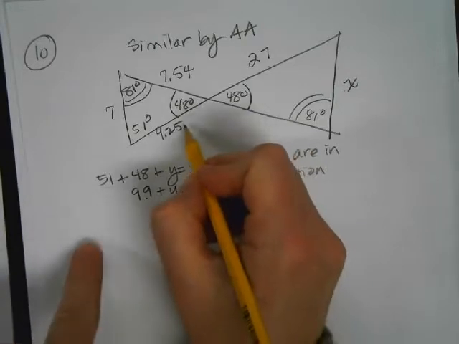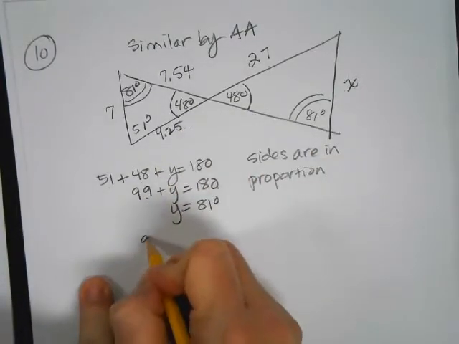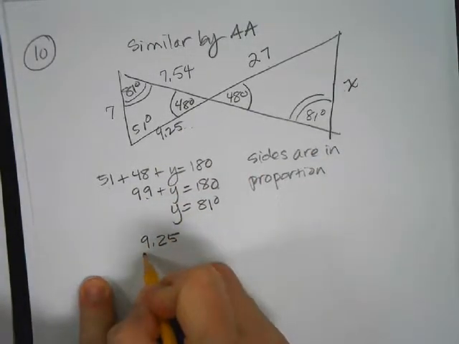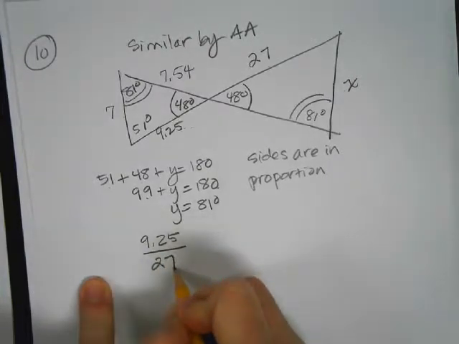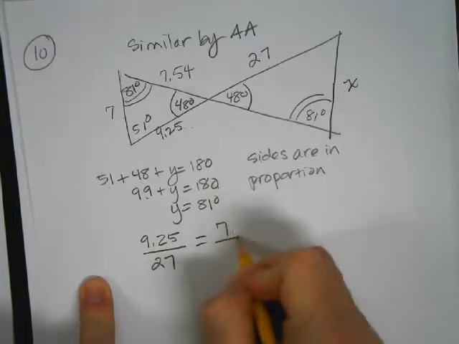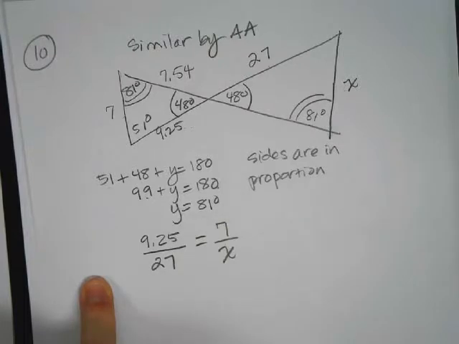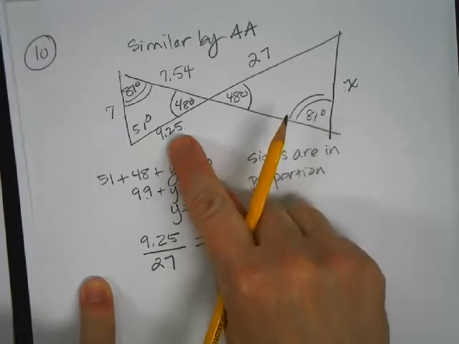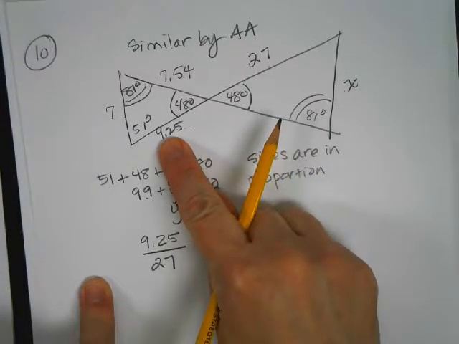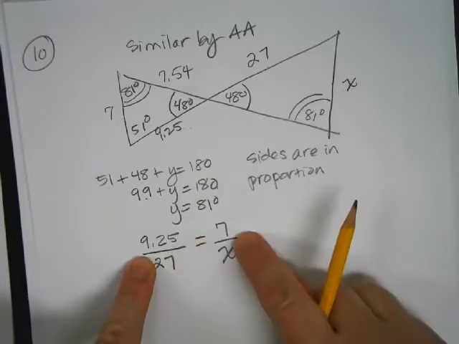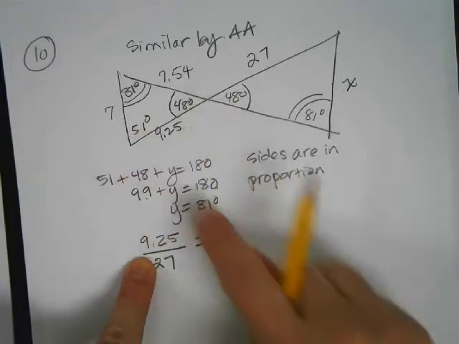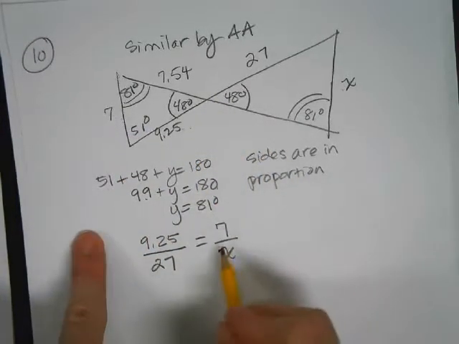So I'll do the proportion first. 9.25 is to 27 as 7 is to x. So just be careful if you do this triangle on top for the first ratio, for the second ratio you have to do this triangle on top again. You can't flip those around.